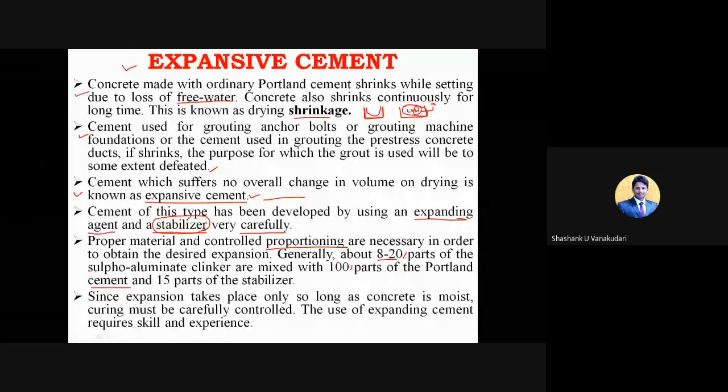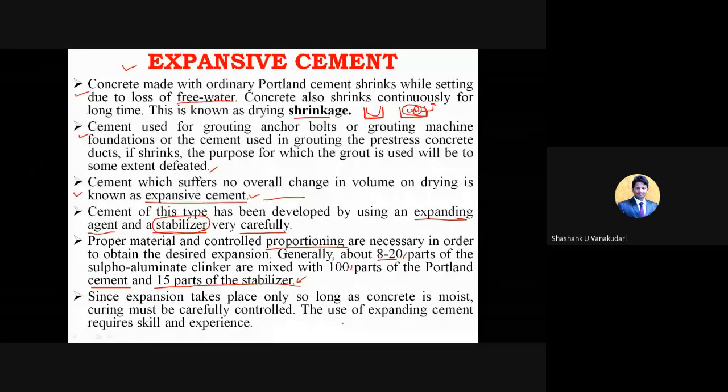So this expansive cement is manufactured by adding this sulfo-aluminate clinker to the Portland cement, and 15 parts of the stabilizer, that is, along with this they add 15 percent of the stabilizers, I mean the expansive agent, what we can call it. And since the expansion takes place only so long as the concrete is moist, the curing must be carefully controlled.